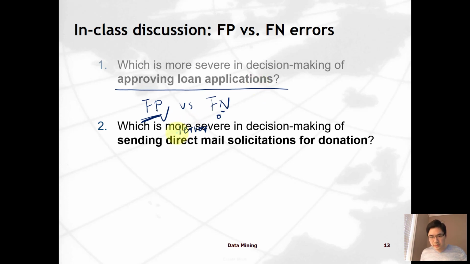Now let's take a look at this example, which is more severe or more consequential in the decision making of sending direct mail solicitations for donation. The primary outcome would be to classify or detect that somebody is a donor, and the negative outcome would be to determine that somebody is a non-donor.